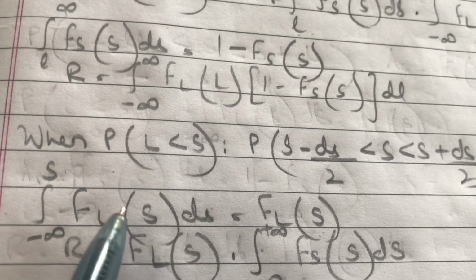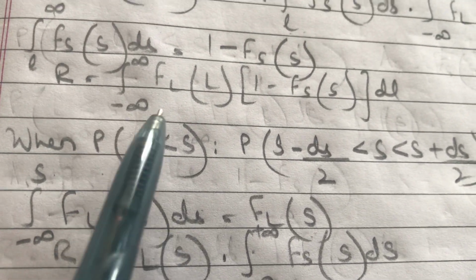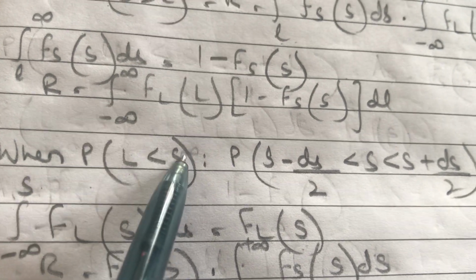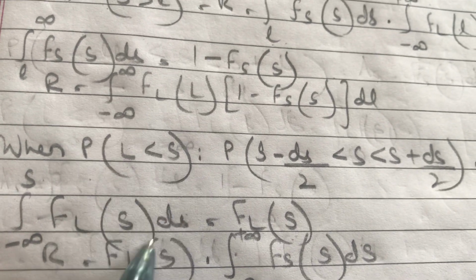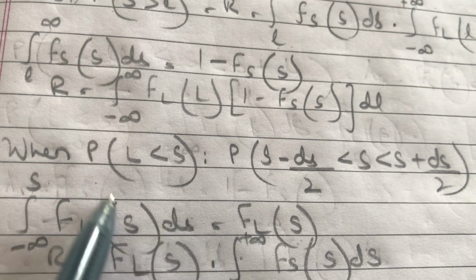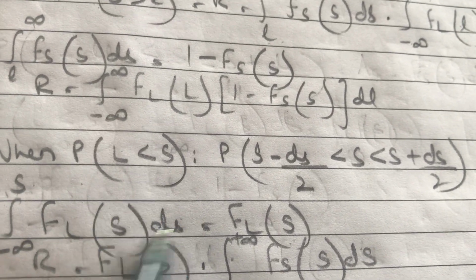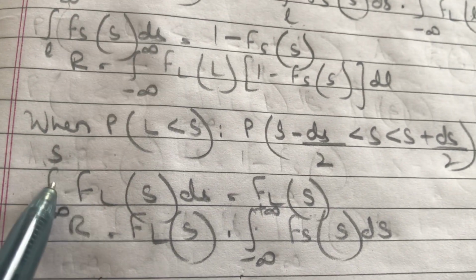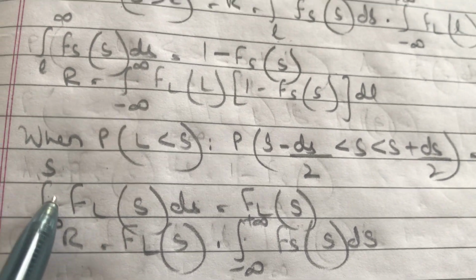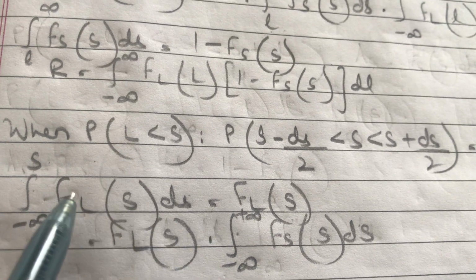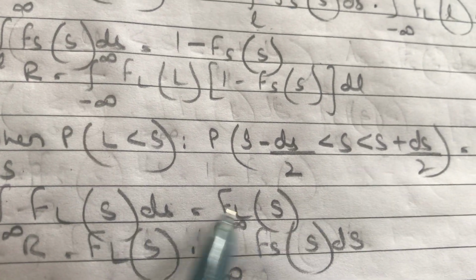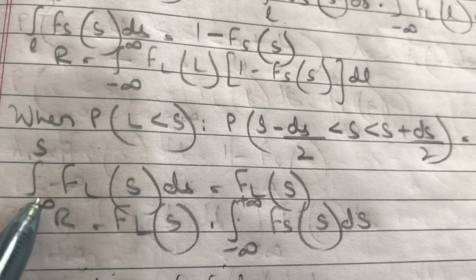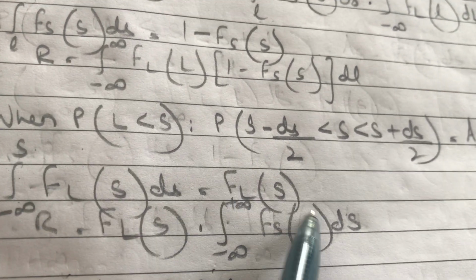That's why we have changed our integration with respect to s. And when we remove our integration, this thing can also be written in the form of this. Okay, got it? So by removing our integration, this is also written like this.